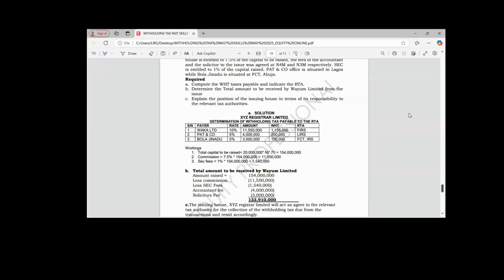So the question A part says compute the withholding tax payable and indicate the relevant tax authorities. How do we compute the withholding tax?